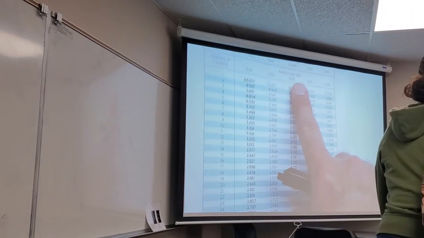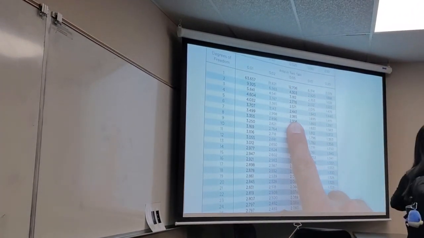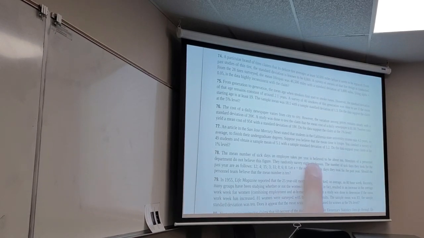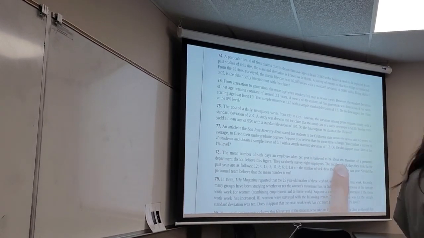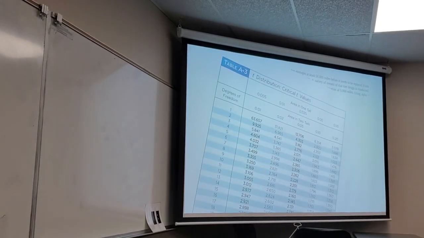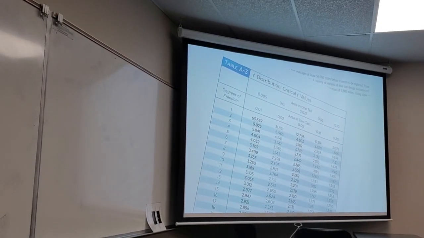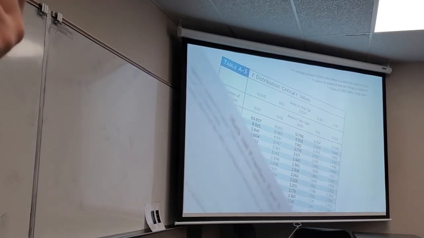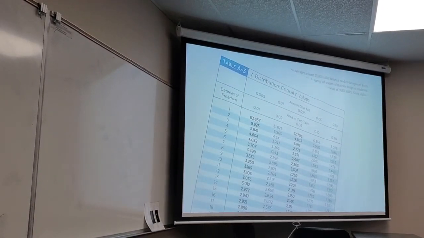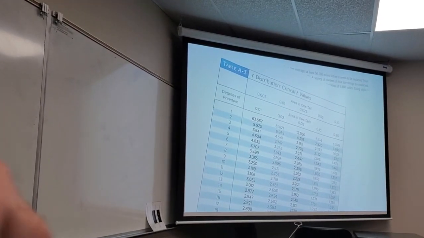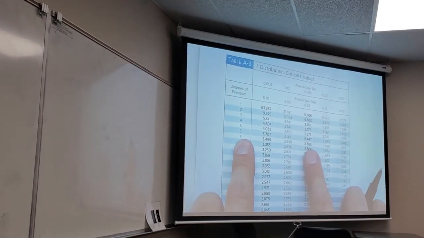Wasn't it 8 people? The claim was the mean is 10, but it was a sample size of 8. So T is 2.365, because the degrees of freedom would be 7.